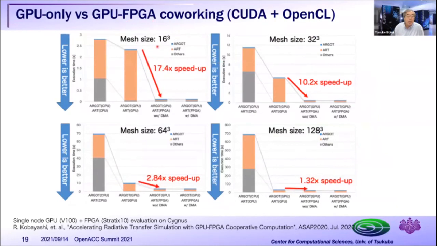When the problem size is small, the GPU doesn't work well. Here you can see the GPU-only computation and the GPU plus FPGA computation, which leads us up to 17 times speedup. When the problem size increases, of course it is reduced, but we still have 1.3 times faster performance with GPU plus FPGA.